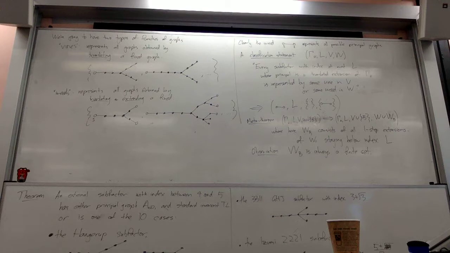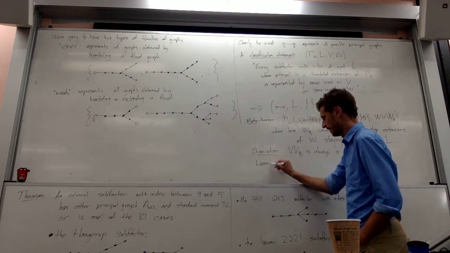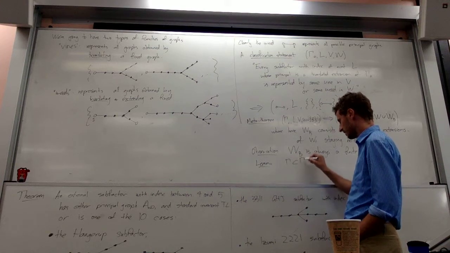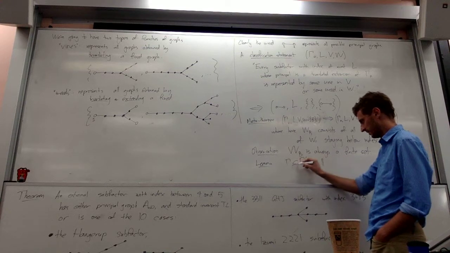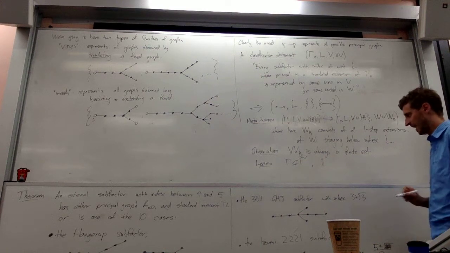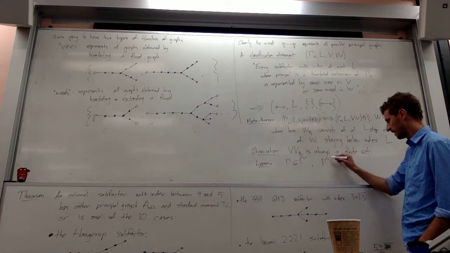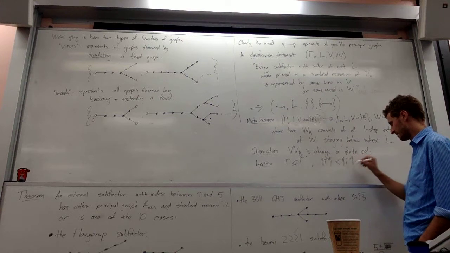Well, the lemma here is that if you've got one principal graph and it's a subgraph of another one, then let's say it's strictly a subgraph, we've really added something, then the norm of gamma is strictly less than the norm of gamma prime.